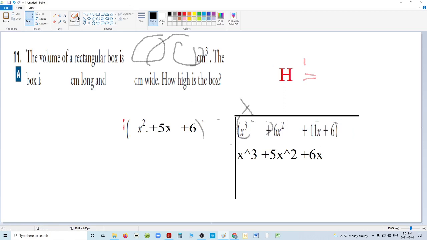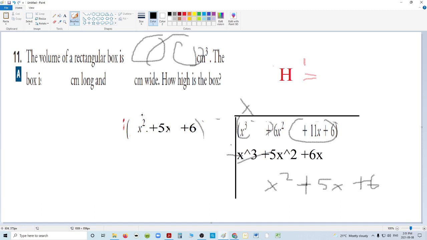If I subtract everything here, these cancel out. 6x squared minus 5x squared, I get x squared. 11x minus 6x, I get plus 5x. Now I bring my number down, plus 6.